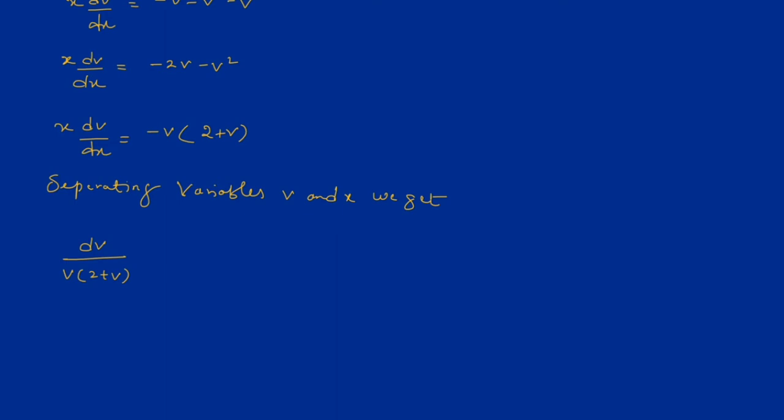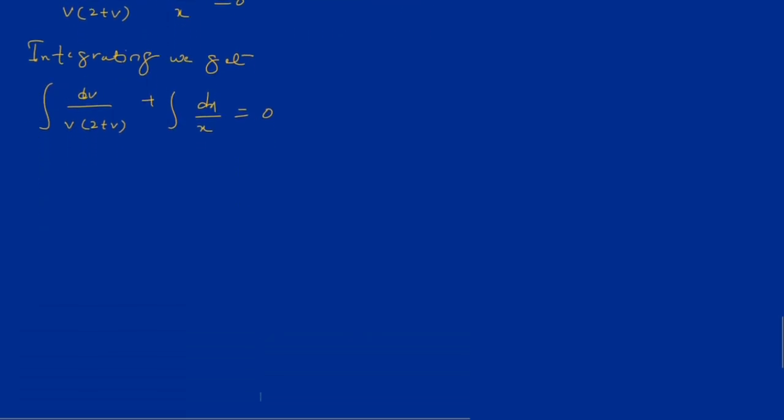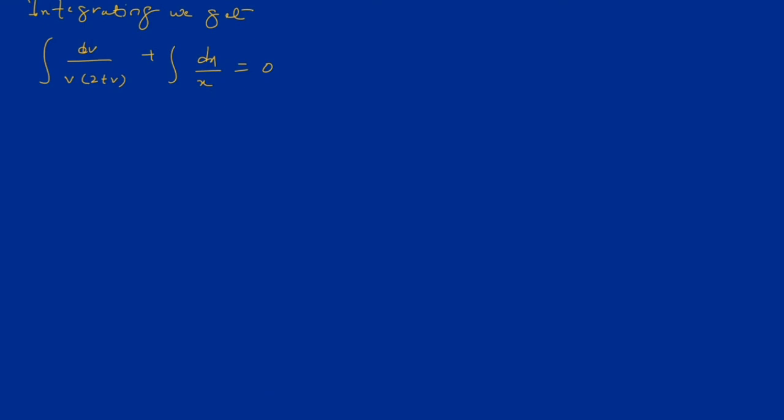If you take dx upon x to the LHS, it becomes plus dx upon x, which is equal to 0, right? Integrating, we get the integration of dv upon v (2 plus v) plus the integration of dx upon x, which is equal to 0, right? After integrating, let's see what we get here.